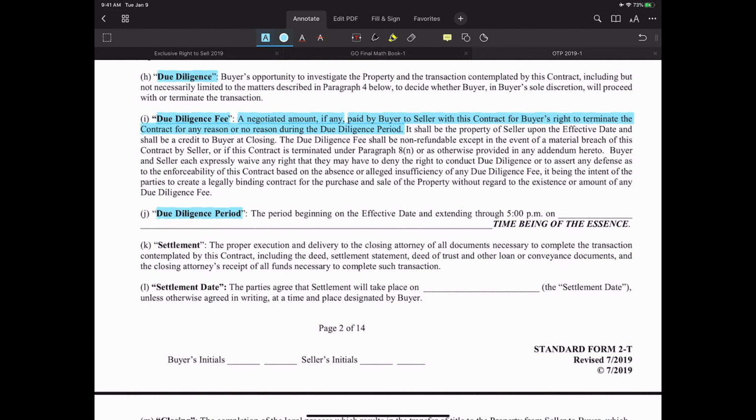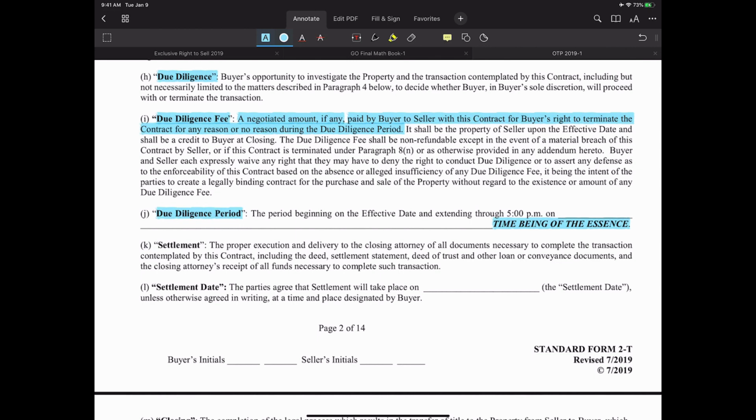Perfect. All right. The only other thing I think that somebody needs to make sure they understand is that there is going to be an effective date. There's going to be this due diligence period with time being of the essence, and it's during that due diligence period that starts on the effective date that a buyer wants to do all their due diligence or do their inspections.